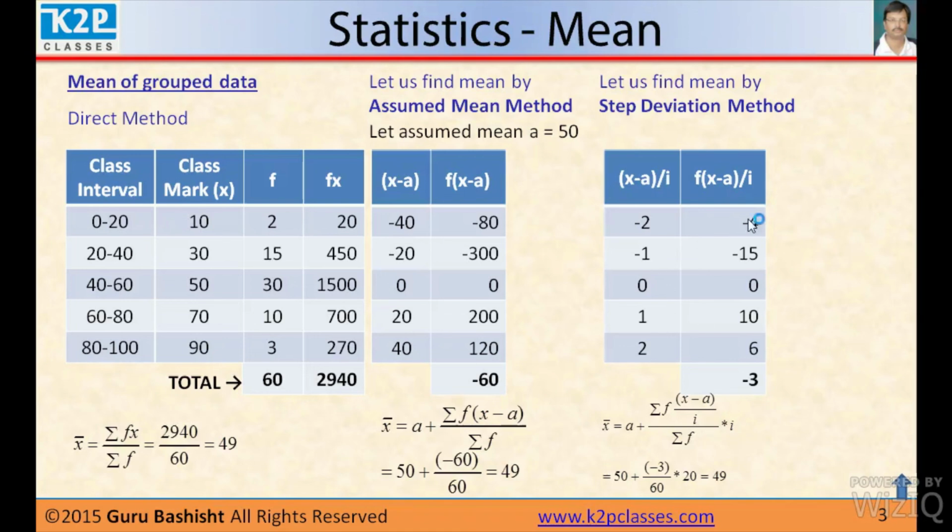So this method is again very easy to calculate. This is the direct method, this is the assumed mean method, and this is the step deviation method.